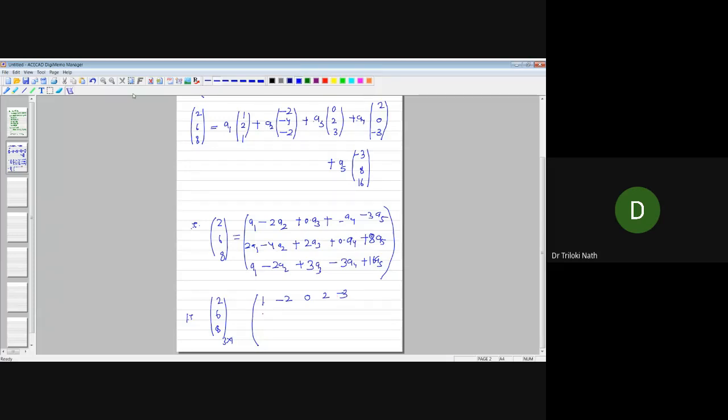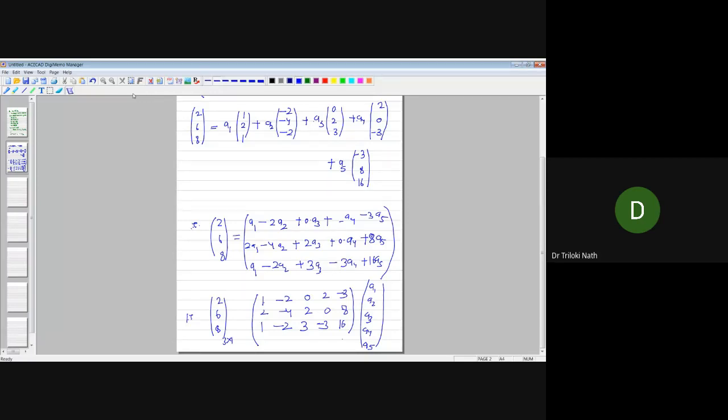The second row will be similarly 2, -4, 2, 0, and 8. And the third row will be similarly 1, -2, 3, -3, and 16. Okay. And what are your unknowns? Unknowns are A1, A2, A3, A4, and A5.